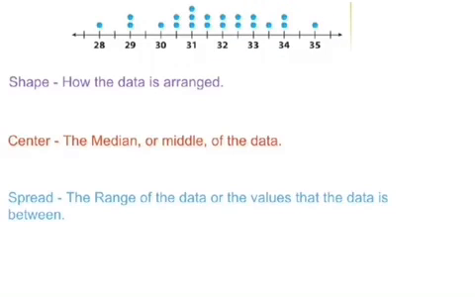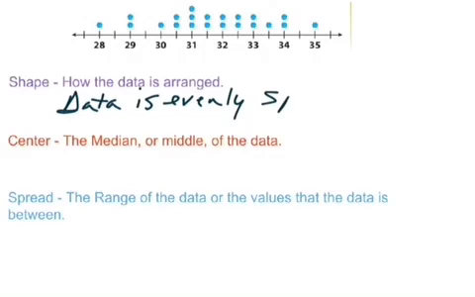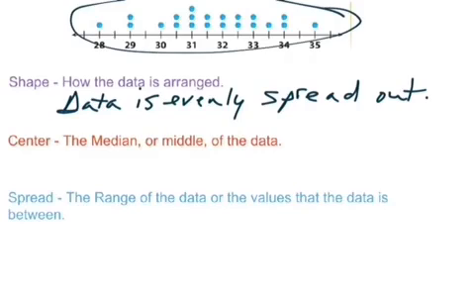So we're going to write that the data is evenly spread out. And that won't always be the case. Sorry, this program doesn't write perfectly, but there it is. So data is evenly spread out. In this case, it's pretty evenly spread out. Again, that won't always be the case, but in this one it is.